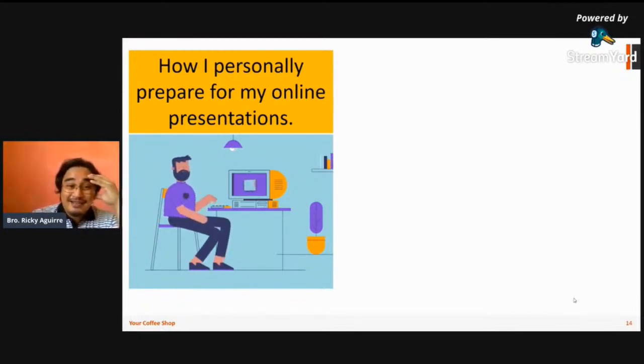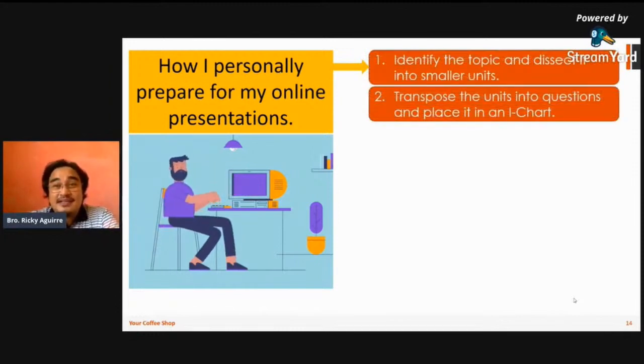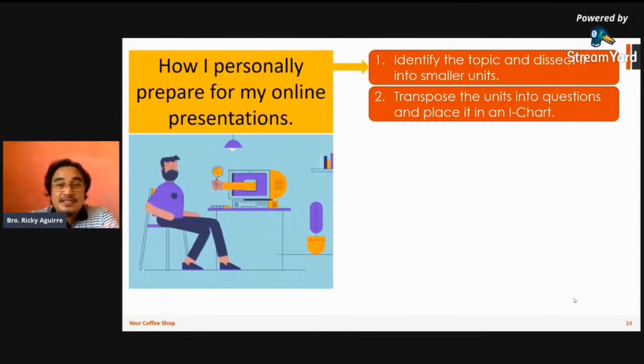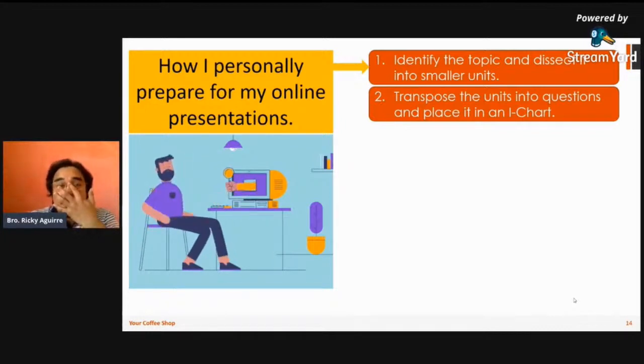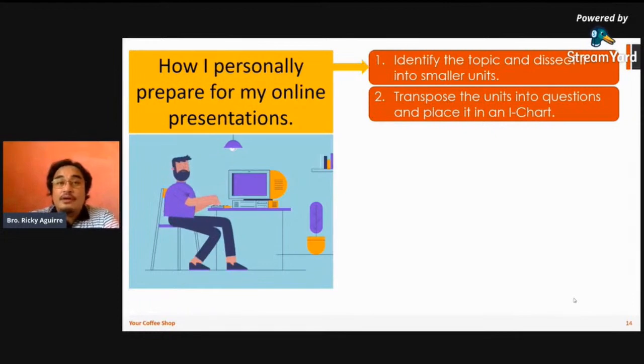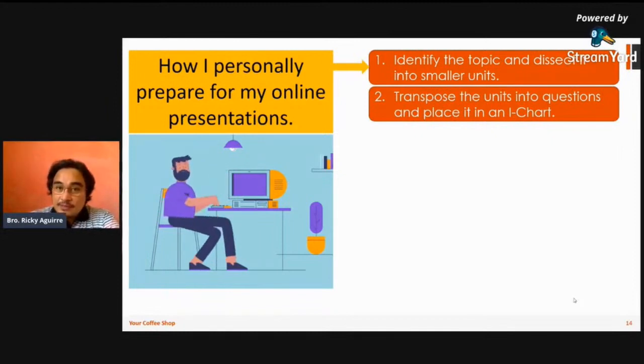So how I personally prepare for my online presentations, that does not necessarily mean it's the only way; I usually just have that and a coffee. One, I identify the topic and dissect it into smaller units, then transpose the units into questions and place them in an eye chart. Yesterday, I talked about a strategy that could help our students overcome their writing difficulties using the eye chart, and the eye chart has been very beneficial for me in preparing for my online presentation.